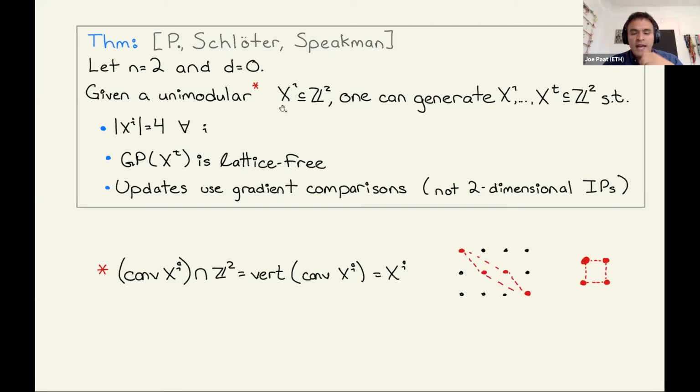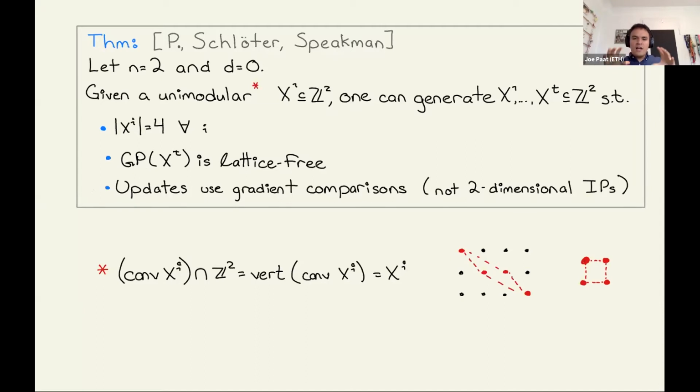So if we start with any of these sets, we can generate a sequence of unimodular sets such that eventually we become lattice-free. And also, this third bullet point states that when we do our updates, we only use information from the gradients.